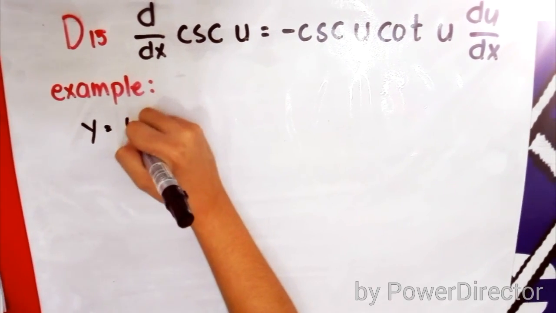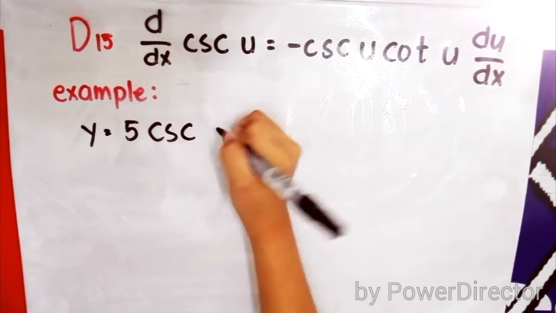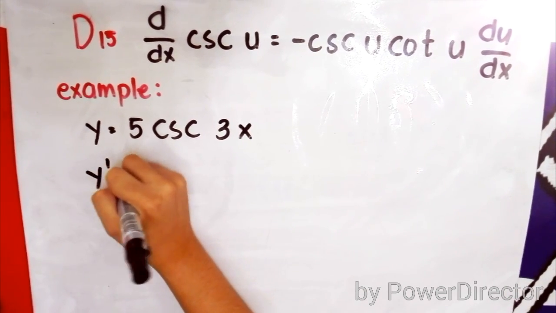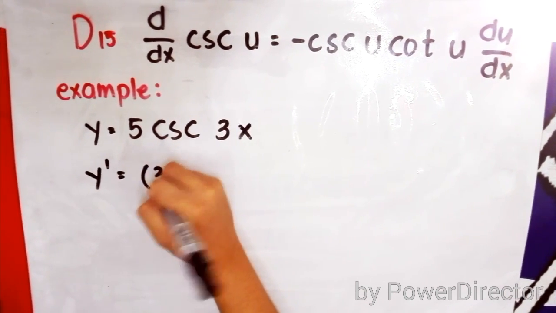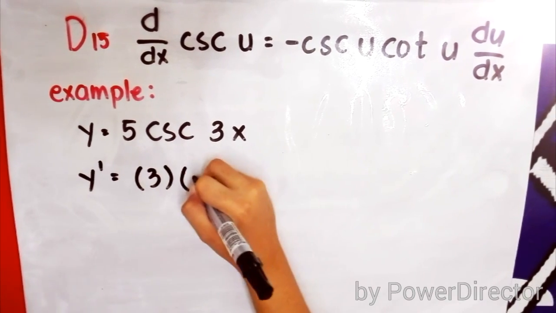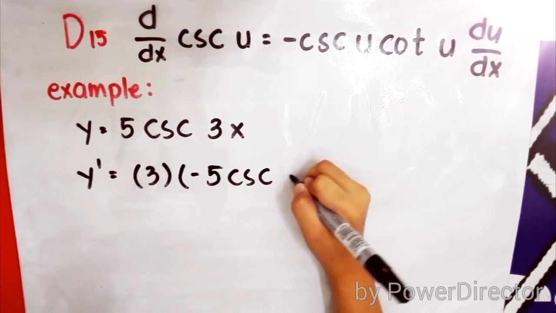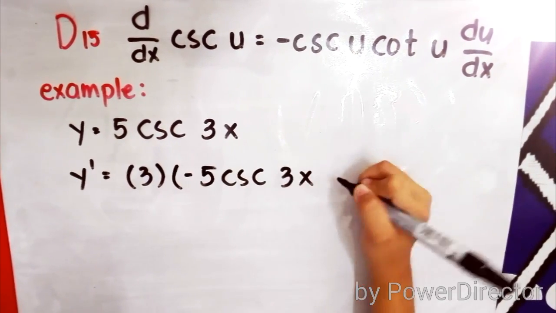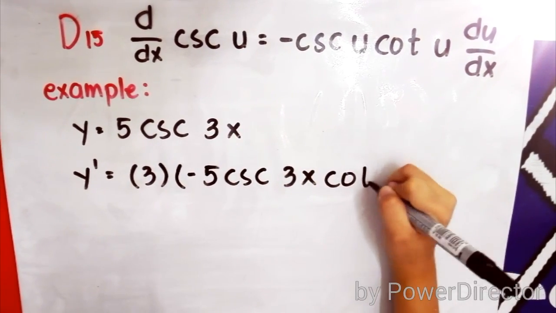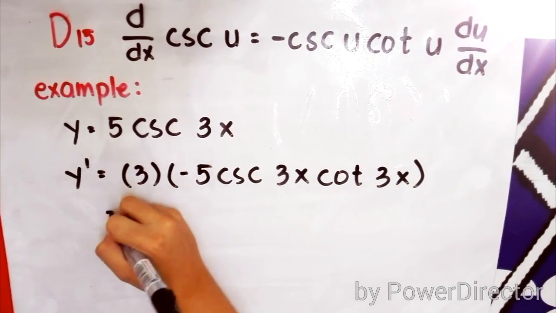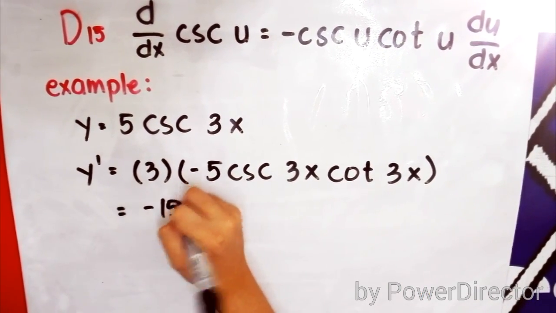For example, we have 5 cosecant 3x. The derivative of 3x is 3. So, multiply to get negative 5 cosecant 3x cotangent 3x. 3 times negative 5 is negative 15.